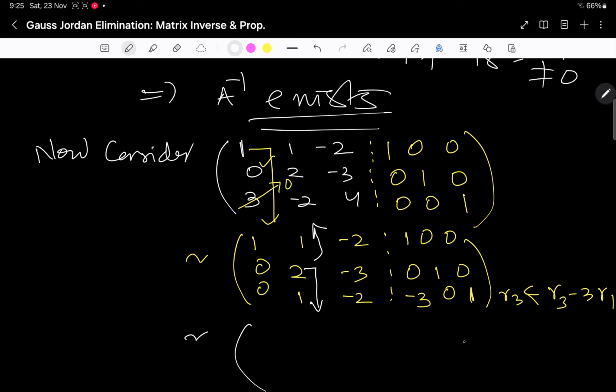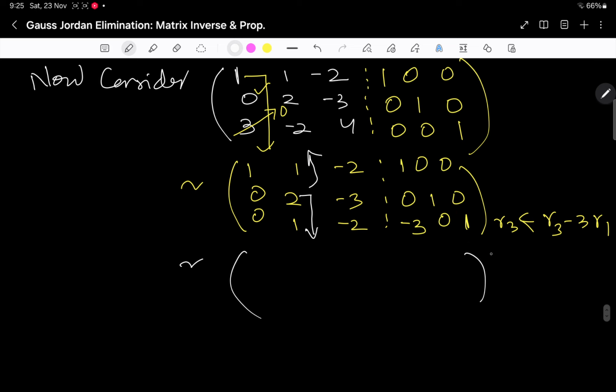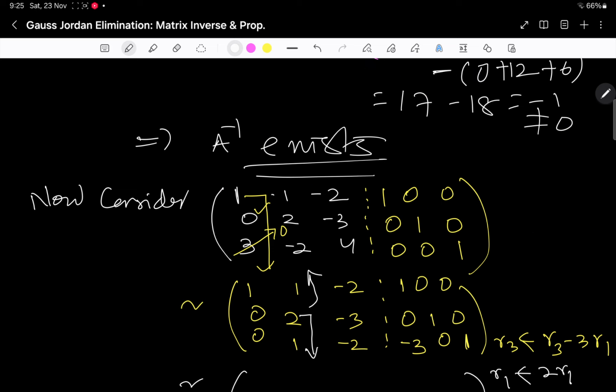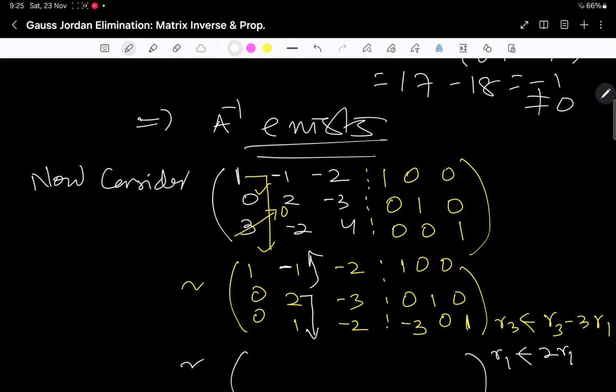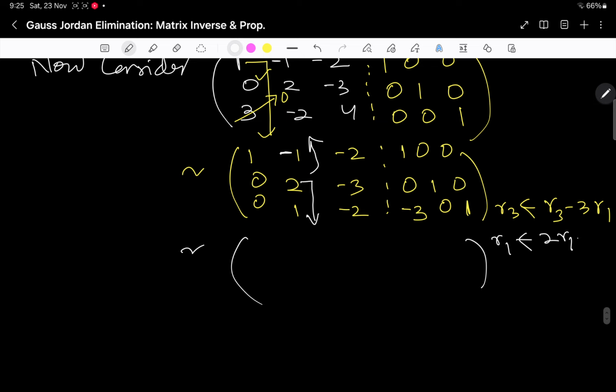The operation: R1 is replaced by 2R1 plus R2, I multiply 2 here and add it, and R3 is replaced by 2R3 minus R2.